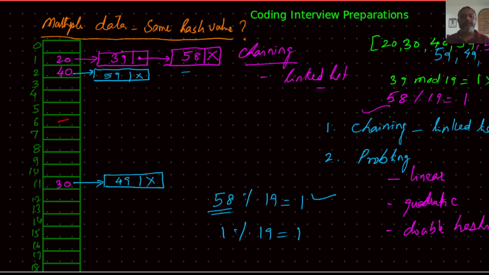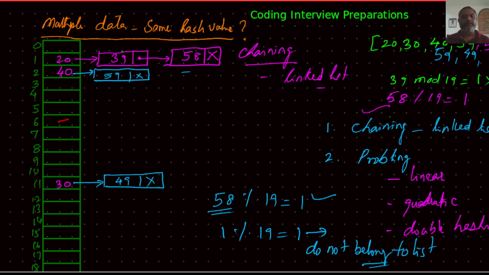Then you go to the next node and it says that no more further nodes are available. Then we declare that 1 does not belong to the list. So 1 is not in the list.